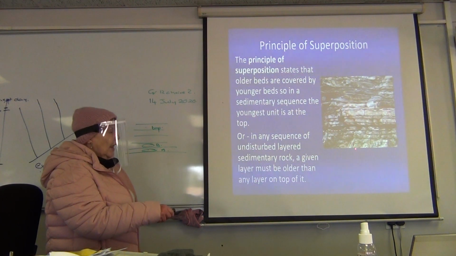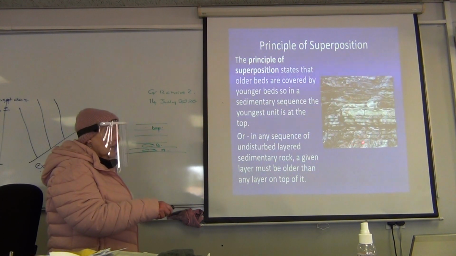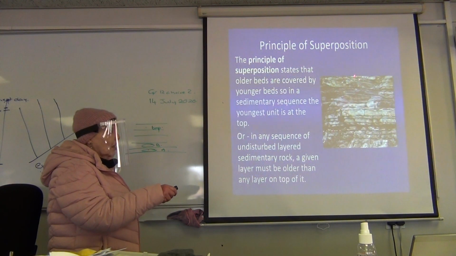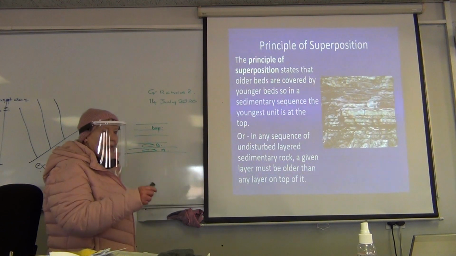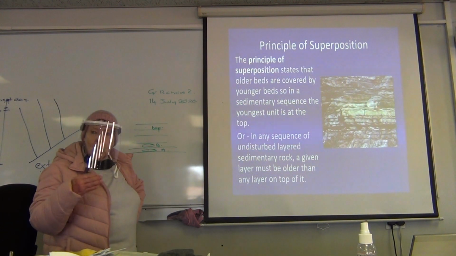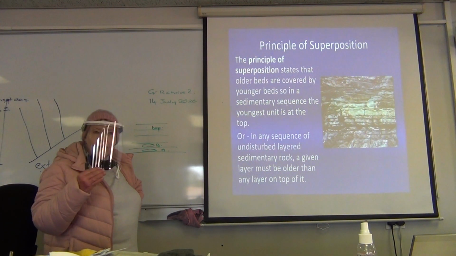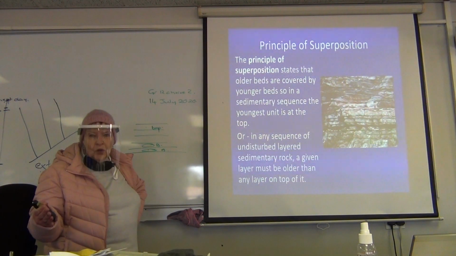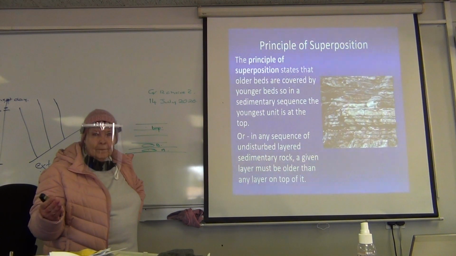Okay? And therefore, if you take fossils out of all of these layers of rock and you compare them, you can see changes that have occurred in the structure of the organisms over time. Does that make sense? Can you just say it again, please, ma'am?